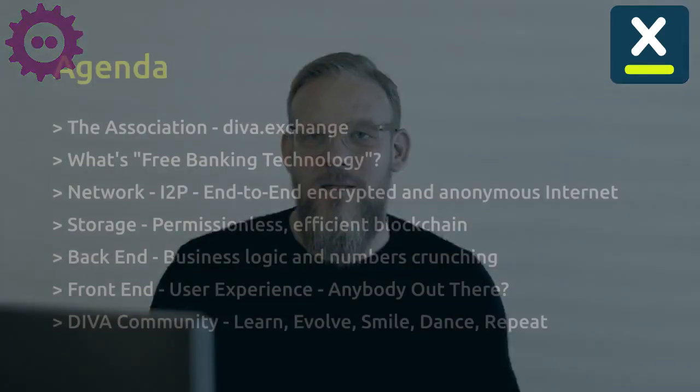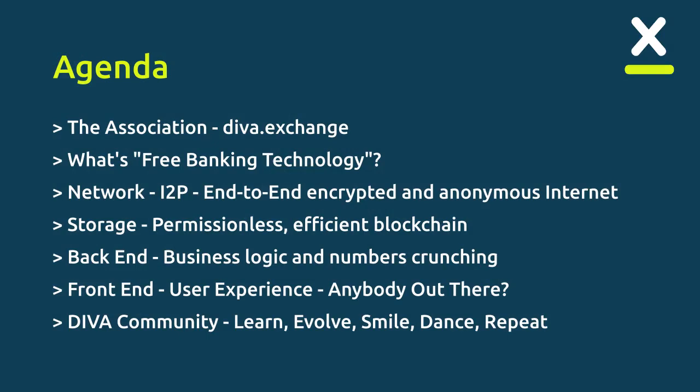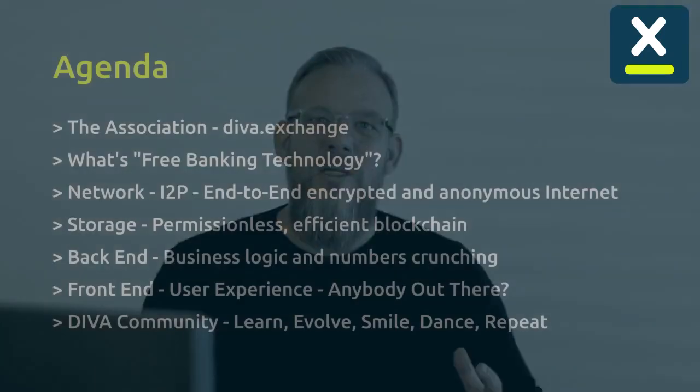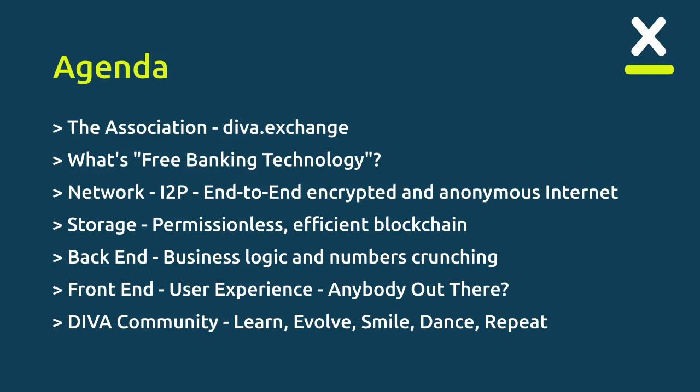The agenda of this talk consists of 7 items. We're starting with the association, DIVA.exchange itself, explaining what we're doing. And we're continuing with the scope of this project. So what's free banking technology? To continue with privacy and anonymity layer, I2P, the network stack.